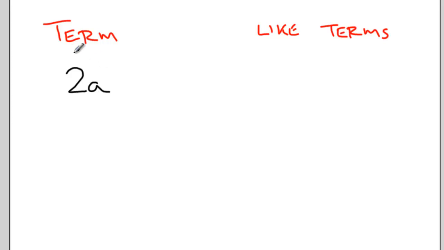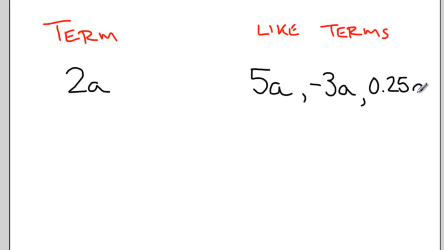So for example, if I have a term like 2a, I could list some other like terms by making sure I keep the variable and the exponent attached to the variable the same. So 5a, negative 3a, or 0.25a are all like terms with the term 2a.